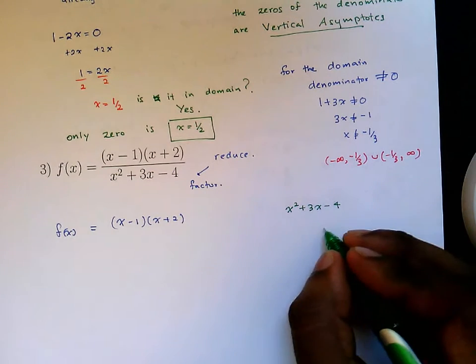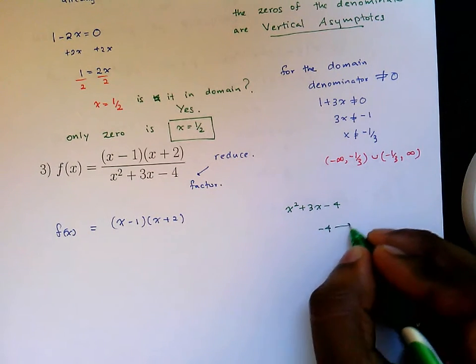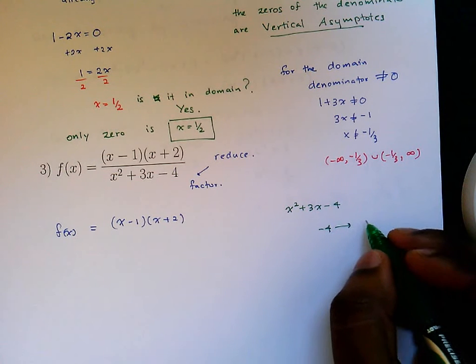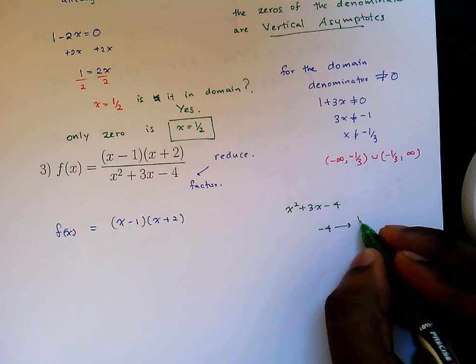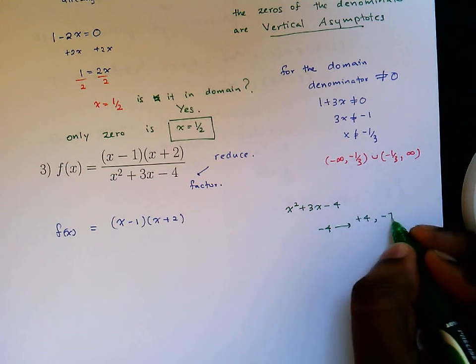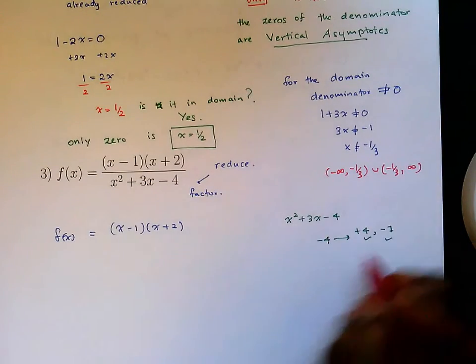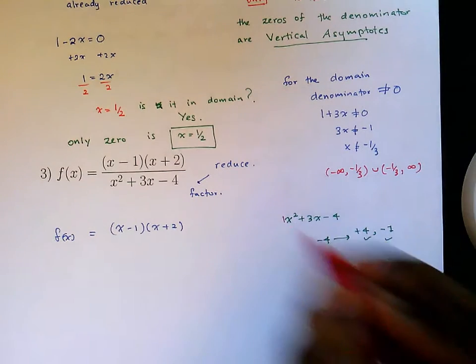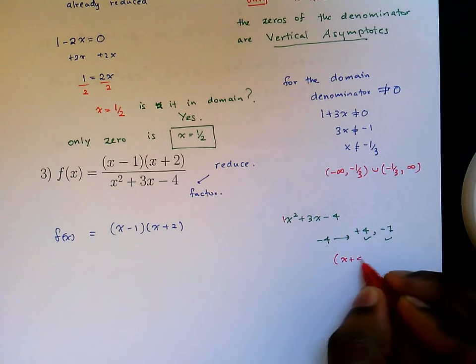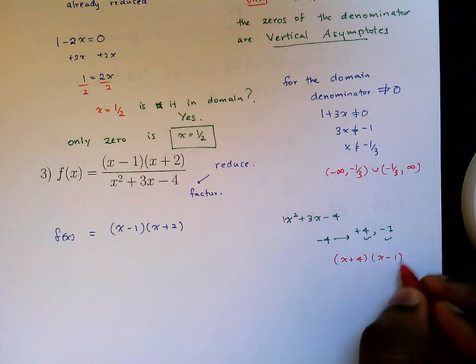So factors of -4 that add up to plus 3 are plus 4 and minus 1. Because the leading coefficient is 1, we can use a shortcut: (x plus 4)(x minus 1).